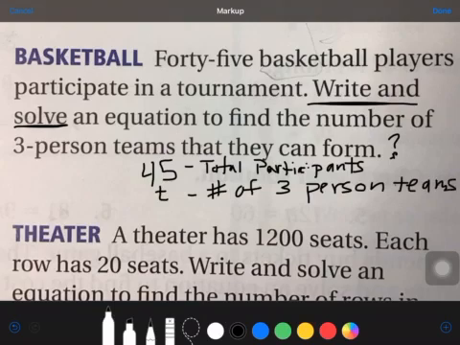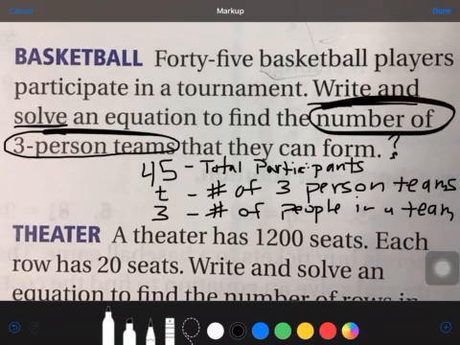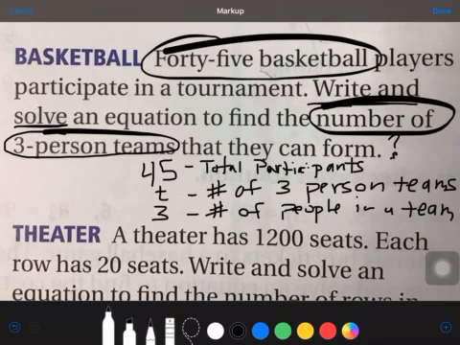And then I have my 3, and that is the number of people in a team. So I've got the number of 3-person teams, I've got 45 basketball players, and I have the number of people in each team.